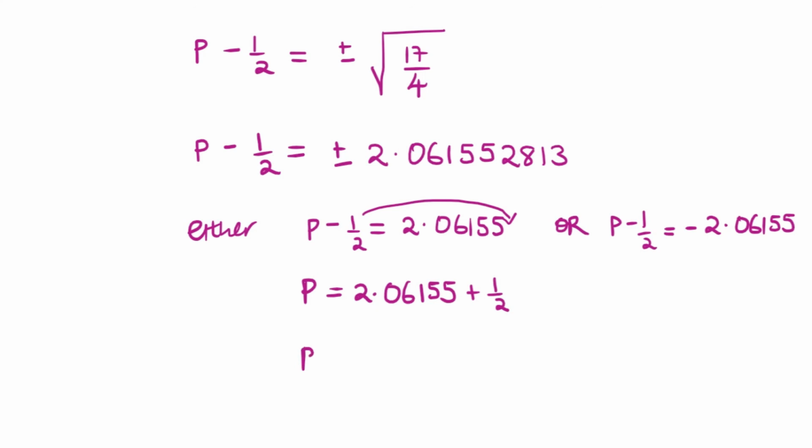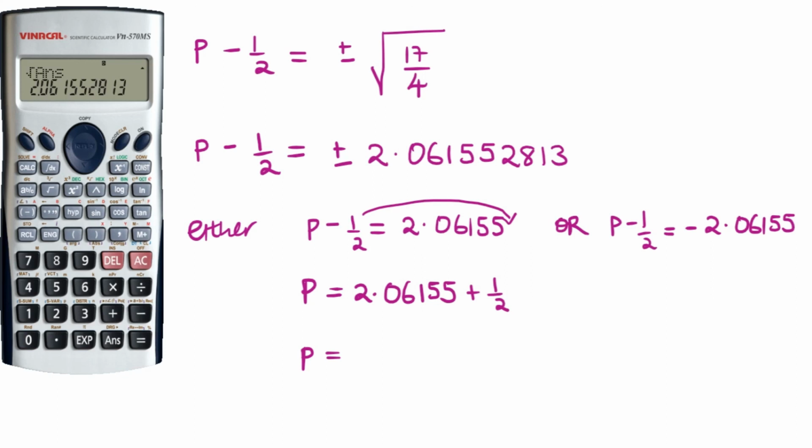Okay, from there we can say p is equal to, we bring our calculator, it's paper 2, remember. You can say this number plus, so half is just the same as 0.5.